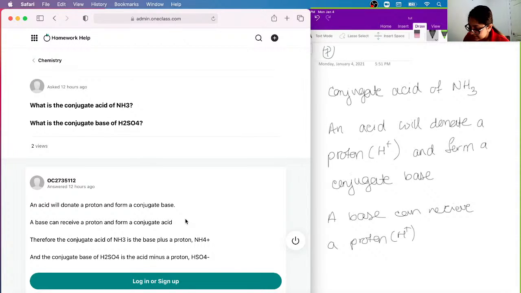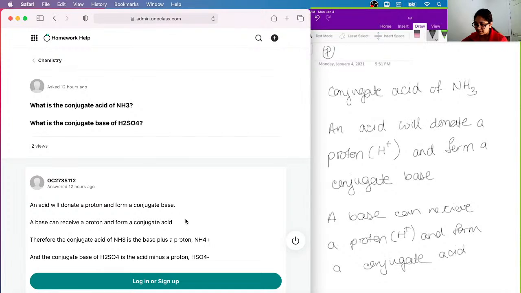We're talking about Lewis acid bases, and receive a proton and form a conjugate acid, right?